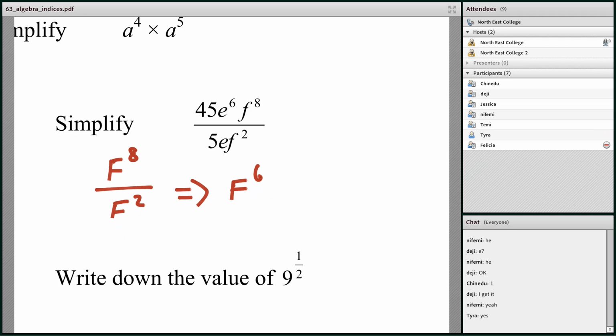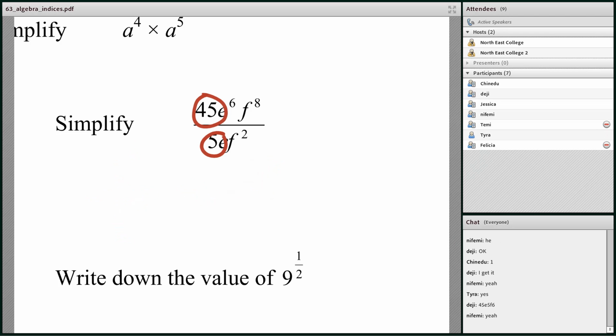Because again, if there's no power, it doesn't mean it's zero.